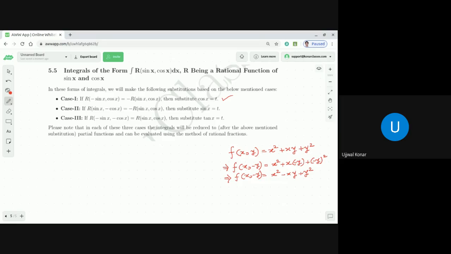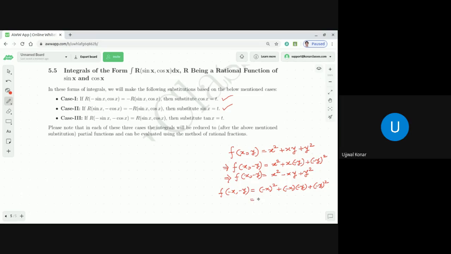Correct? Yeah. Or here I can say, suppose I want to find f of minus x comma minus y. Then what will happen? It is minus x whole square, na, plus minus x into minus y plus minus y whole square.